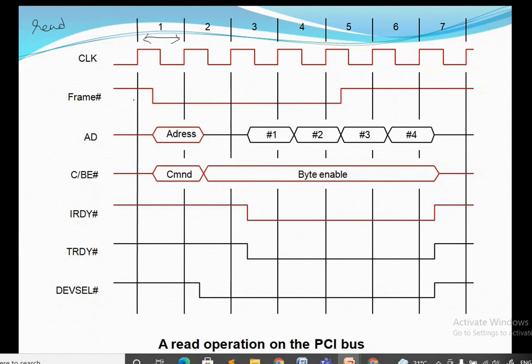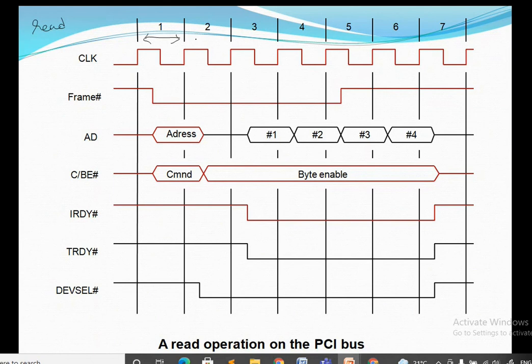At the same time it places the address on the address lines and the command on the command lines. The address and command are sent through the respective lines, and the frame signal indicates that the initiator has started the process. That is clock cycle 1.